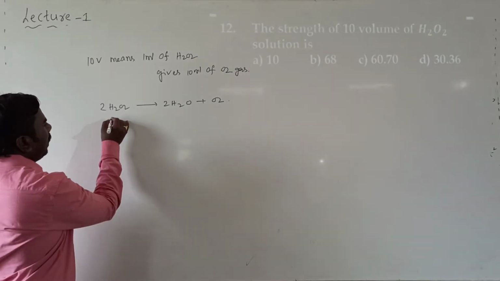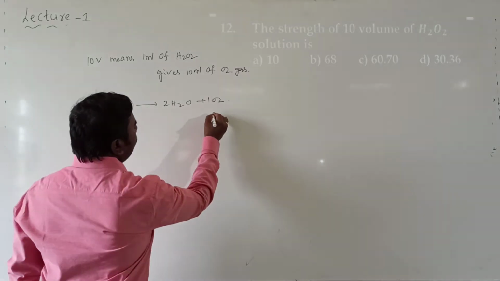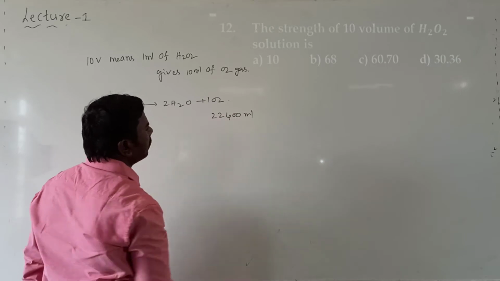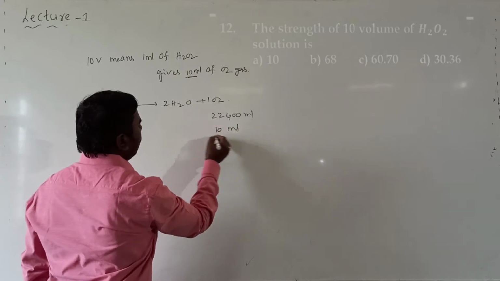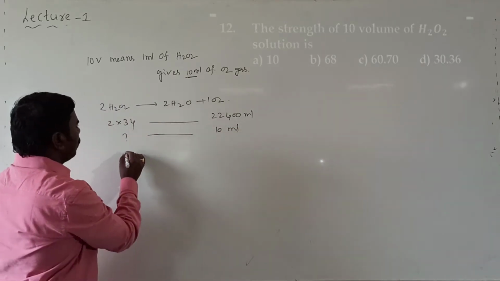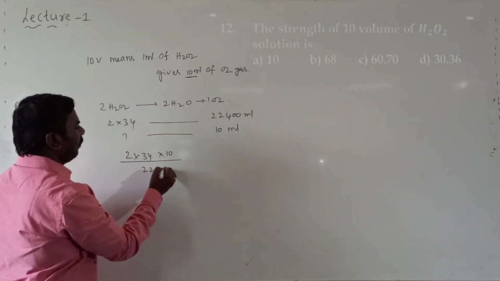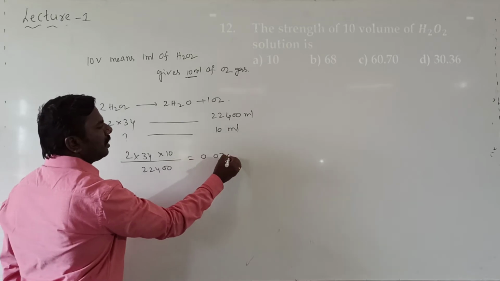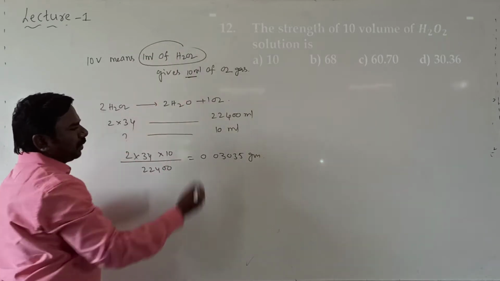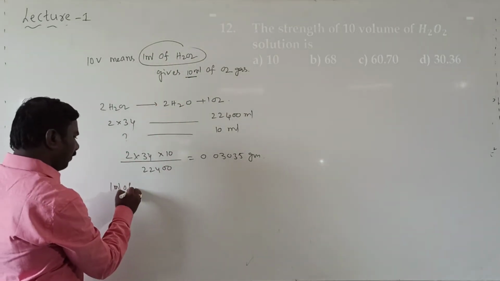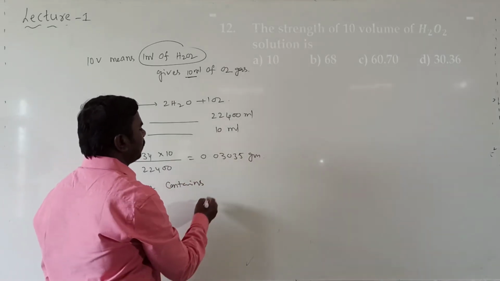In this case it is 2 into 34, that is 68 grams. 1 mole means 22400 milliliters, right? Then for 10 ml of this, what is the mass? We will get 2 into 34 into 10 by 22400, 0.03035 grams. It is in 1 ml of H2O2.